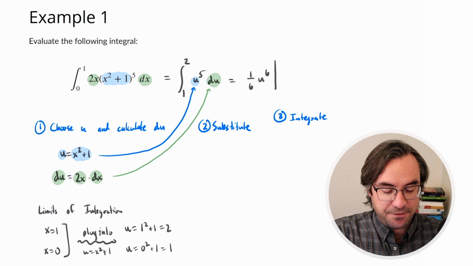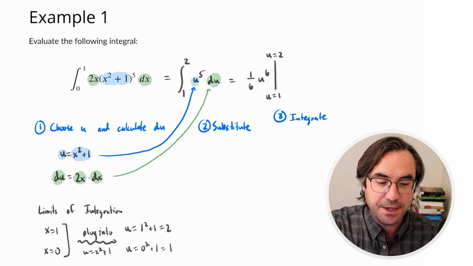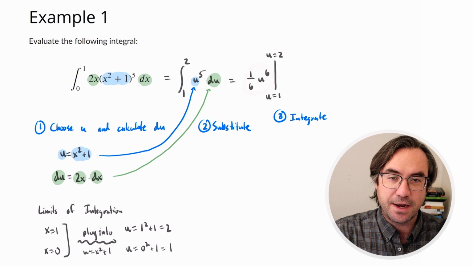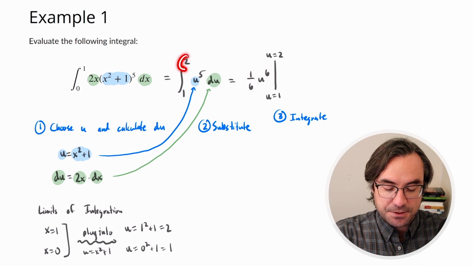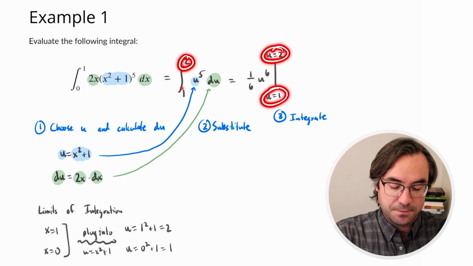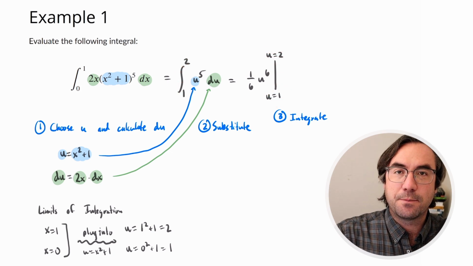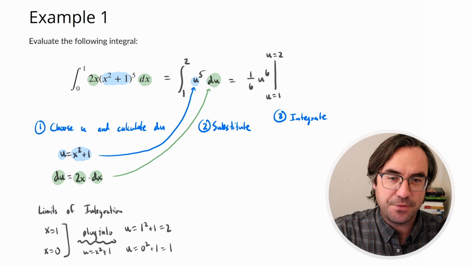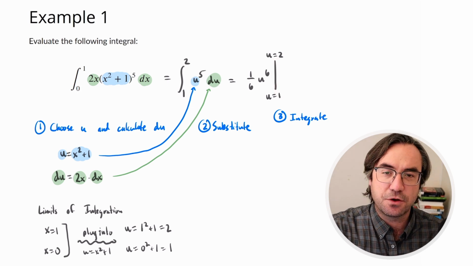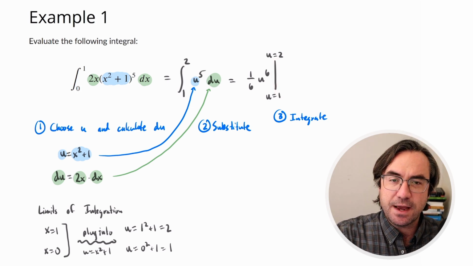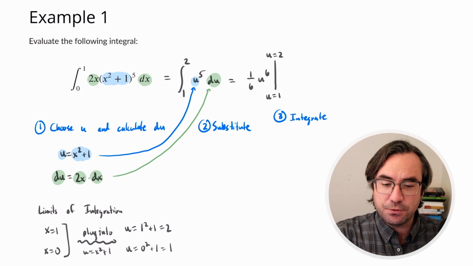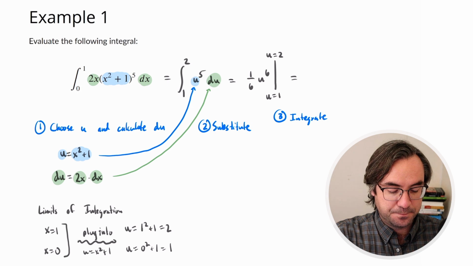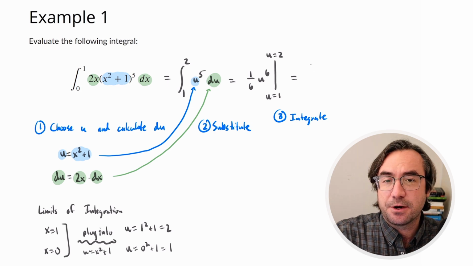And because we're doing a definite integral, we put the vertical line, which means evaluate, at the end of our antiderivative. And we put our upper and lower limits on the ends of that vertical line. And once we have our antiderivative, now we're ready to evaluate.